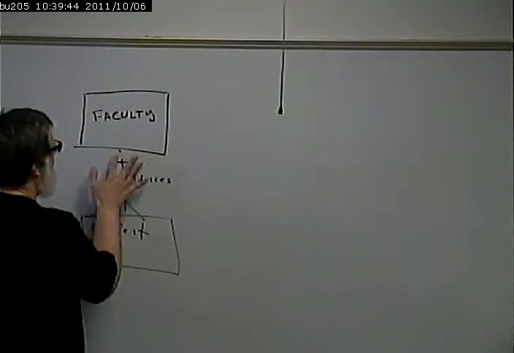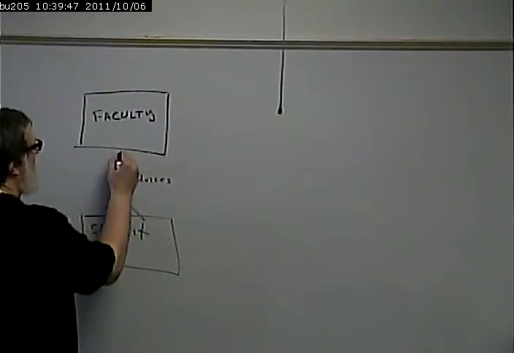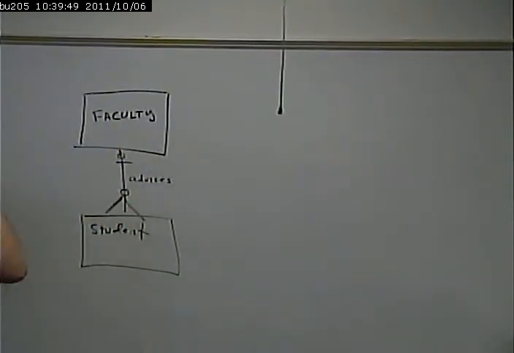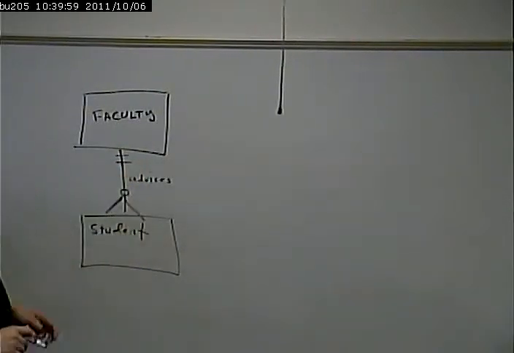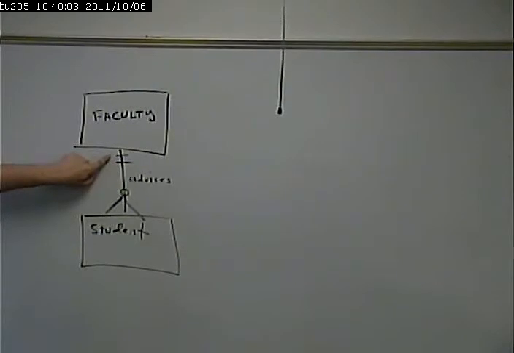Whereas this would indicate that it's optional, that a student could have a faculty advisor, and if they do, they only have one faculty advisor, but a student may have no faculty advisor at all. So that symbol would indicate that a student has to have one and can only have one faculty advisor. A faculty member doesn't have to advise any students, but they can advise multiple students.